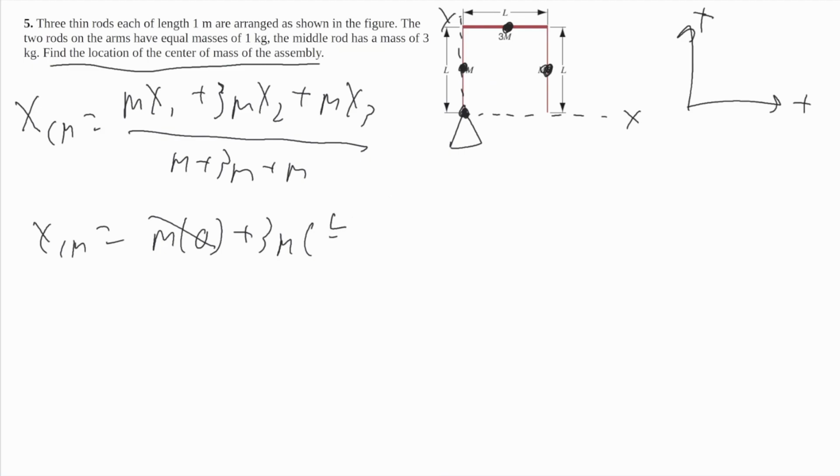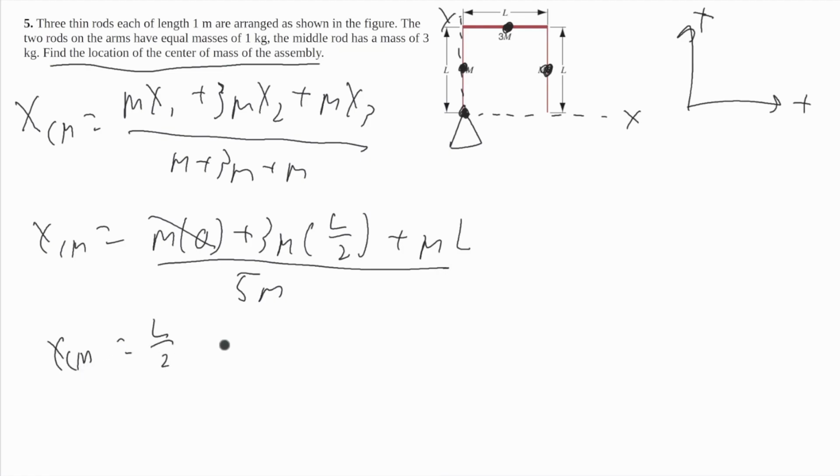So I'll write L over 2, because it's only half the length of this rod. And so the next one is going to be m times L, because it's located one length away from the x origin. This will all be over the total mass, which is 5m. And so when you simplify that, you'll get x center of mass of L over 2.